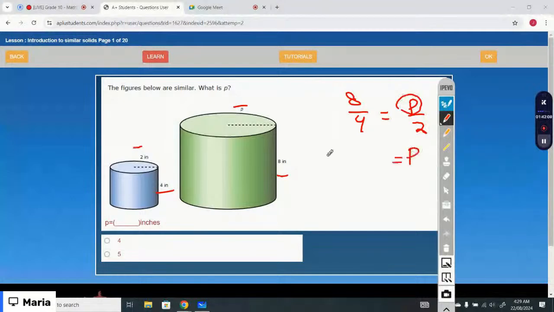So P equals 8 times 2. This 2 is multiplied with 8 divided by 4. 8 times 2 is 16 and 16 divided by 4 is 4.